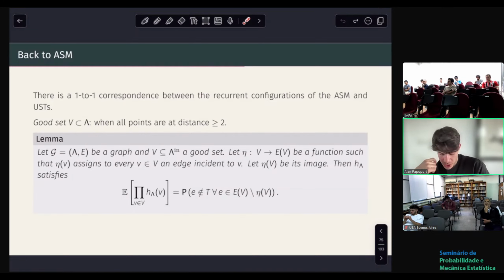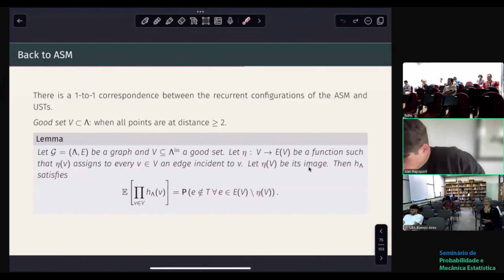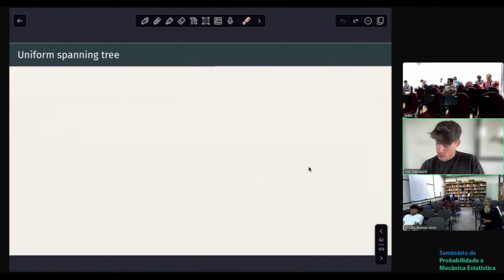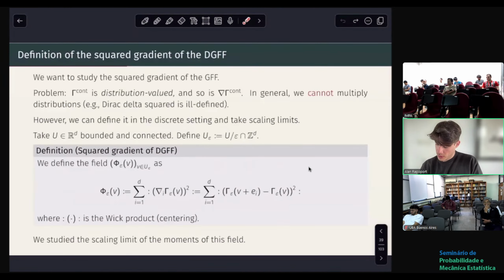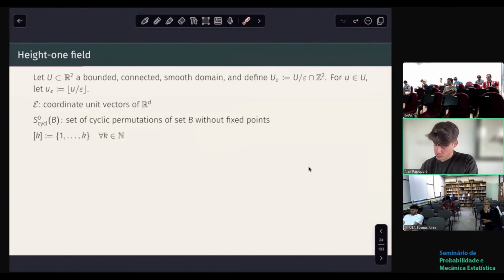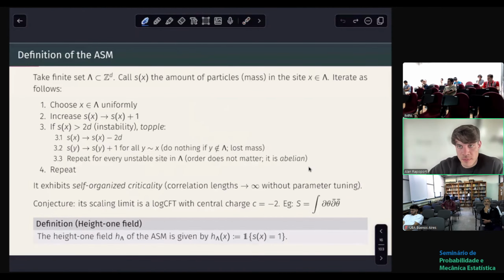There are conjectures, for example, that this action was proposed as a system that, in the limit we're talking about, emulates the height one.